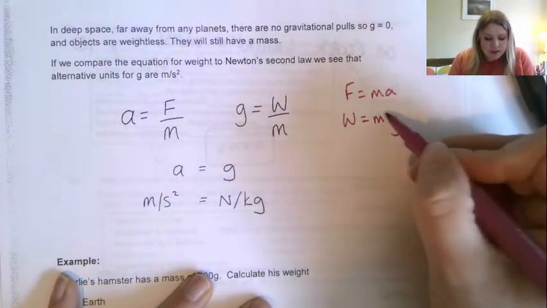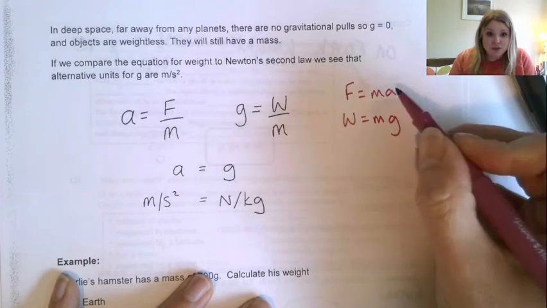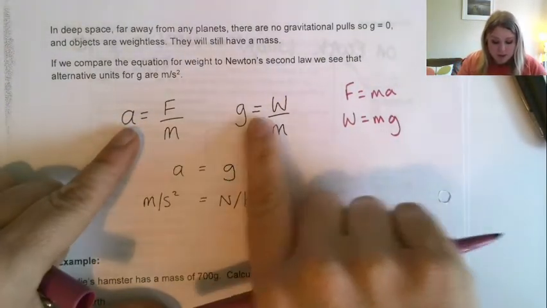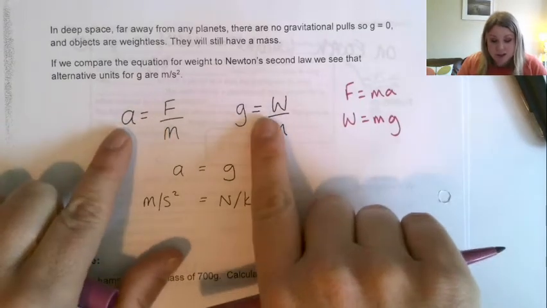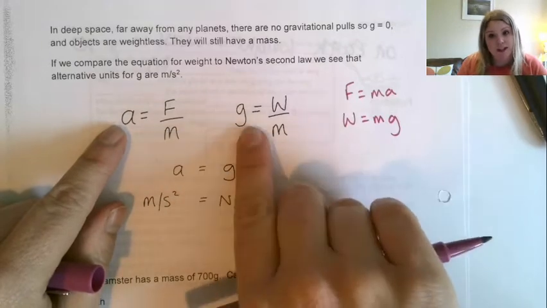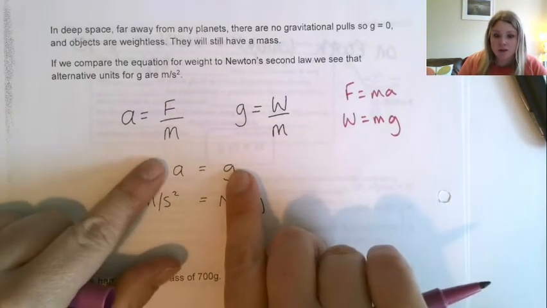So this is a special version of F equals ma. In both of these, we have rearranged to make the acceleration for that particular thing the subject, so in this one a and in this one g, just to show you that the two things are equal to each other.